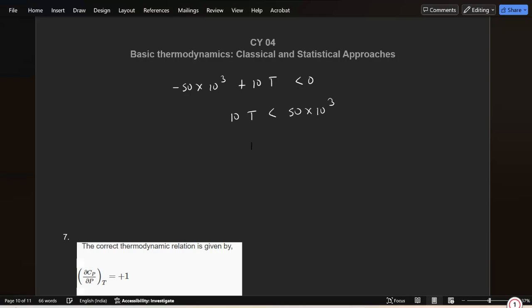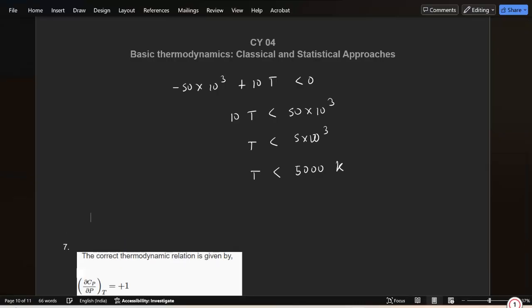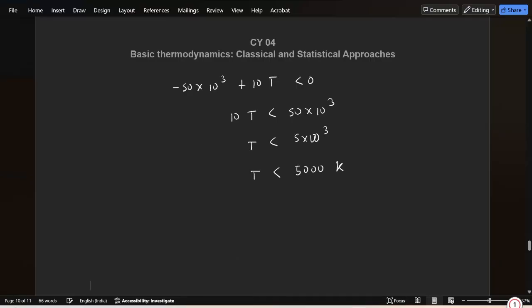Then divide by 10, 5 into 10 power 3. So T should be less than 5000 Kelvin for this process to be spontaneous. So it is spontaneous at lower temperature, not at a higher temperature. So again, this can't be our answer.